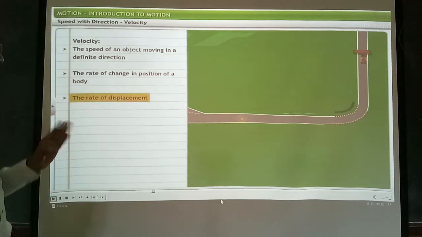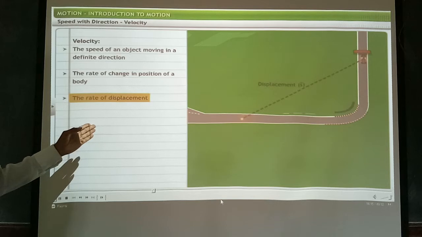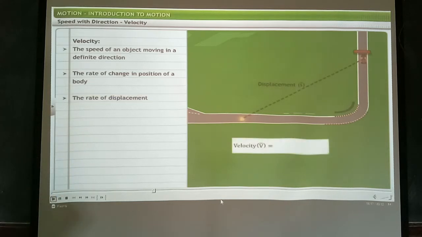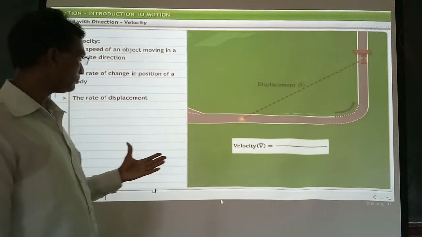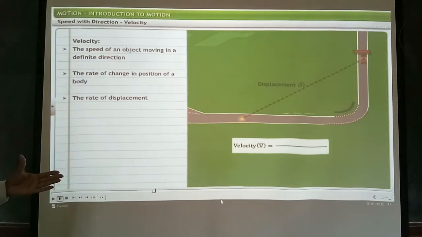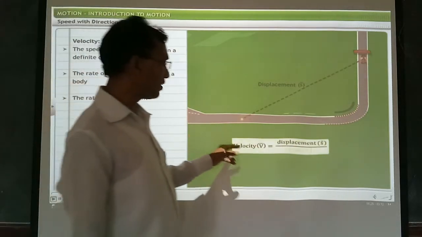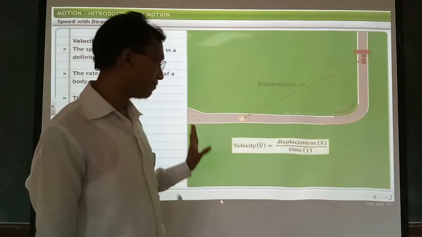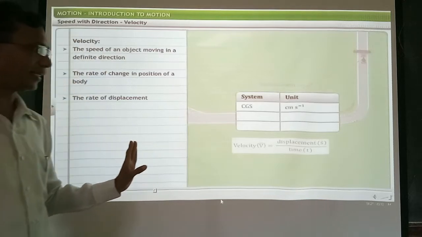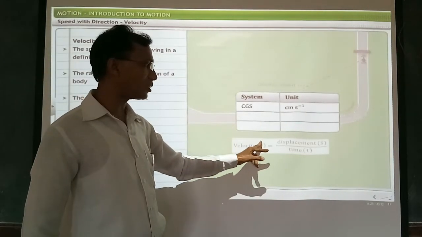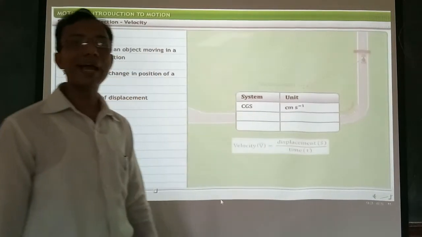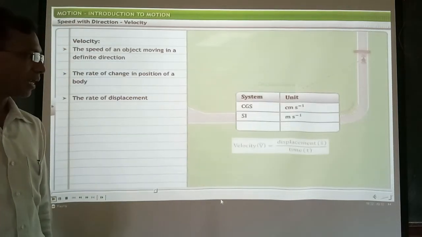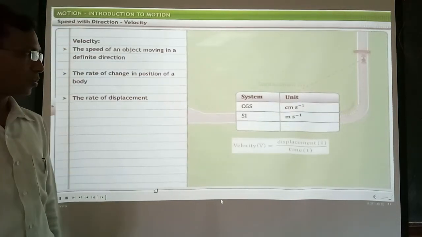Now velocity is the speed of an object moving in a definite direction. Or the rate of change in position of the body is known as the velocity, the rate of displacement. As you know, the average velocity is displacement upon time. Velocity bar, v bar, means the average velocity equals displacement upon time. From this formula we can find the average velocity.